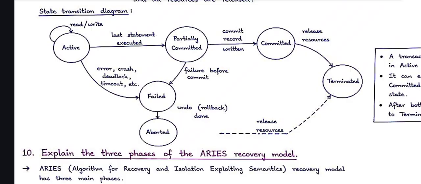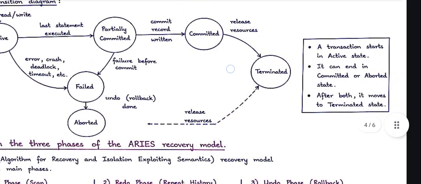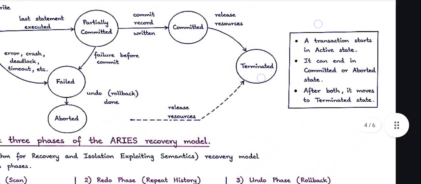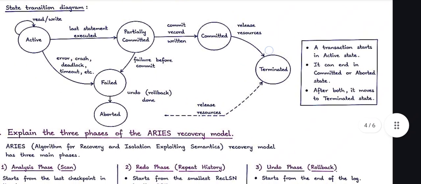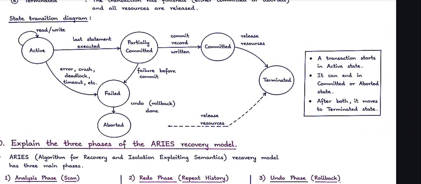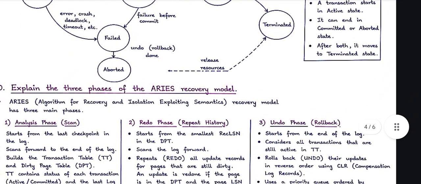Then it releases all the resources, even after committing, even after aborting, then it gets terminated. A transaction starts from the active state, it can end in committed or aborted state. After both, it moves to the terminated state.